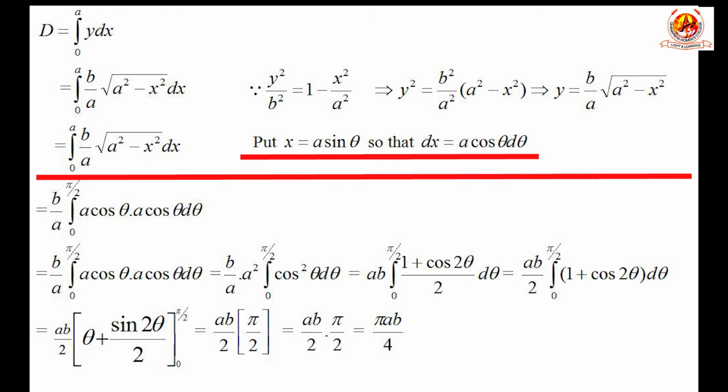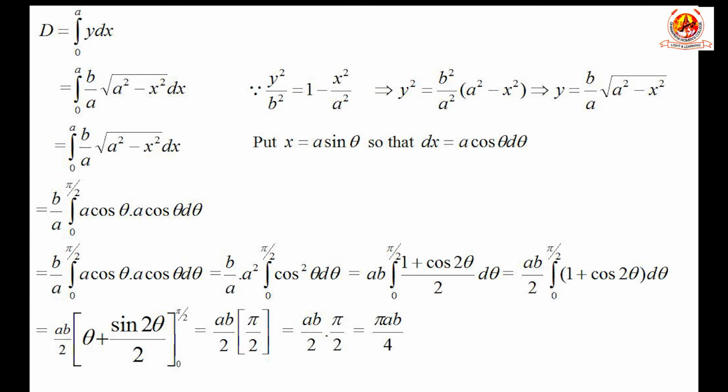Therefore this result can be put in the previous integration: it is equal to b by a times the integration from 0 to pi by 2, because the limit has changed from a to pi by 2. Then a cos theta into a cos theta d theta is there already. So this is equal to b by a times the integration from 0 to pi by 2 of a cos theta into a cos theta d theta.